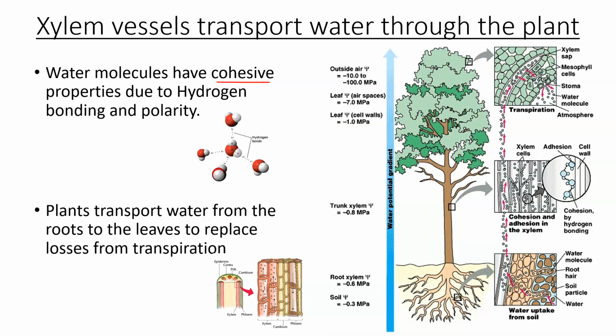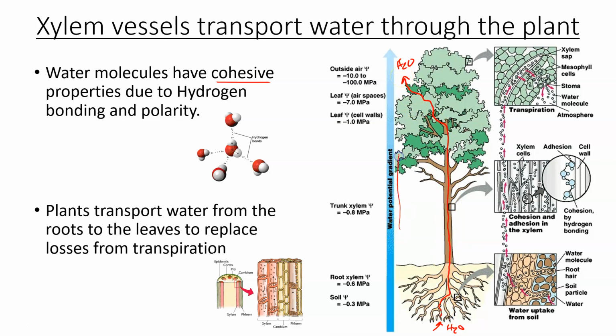Plants transport water from the roots to the leaves to replace the losses from transpiration. Water, as you probably are aware, goes from the ground into the roots, through the root system, through the xylem vessels, through the plant, through the stems and twigs and branches, and through the leaves, and is ultimately lost through the leaves, through those stomata, in a one-way flow of water from roots to shoots.